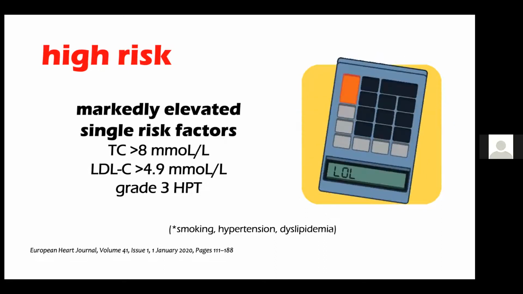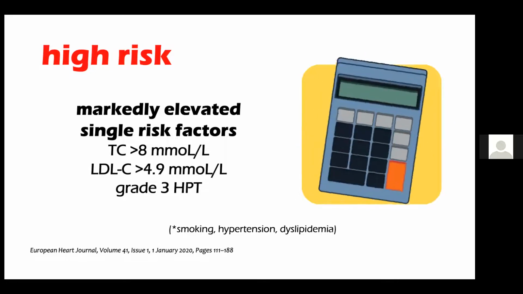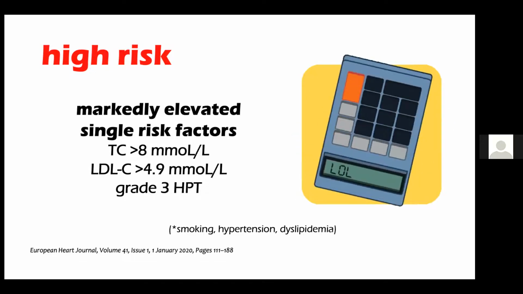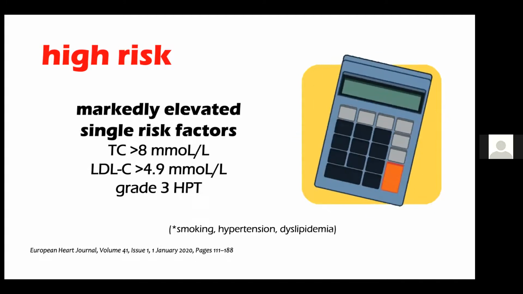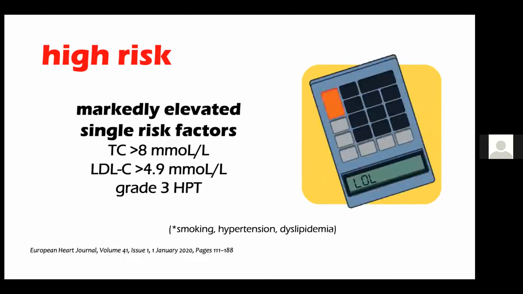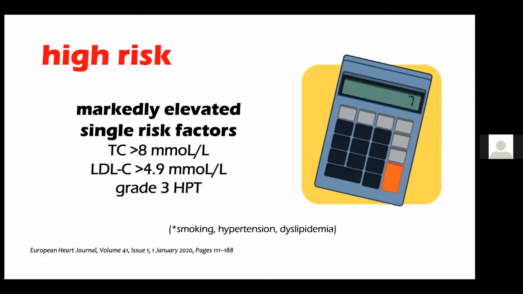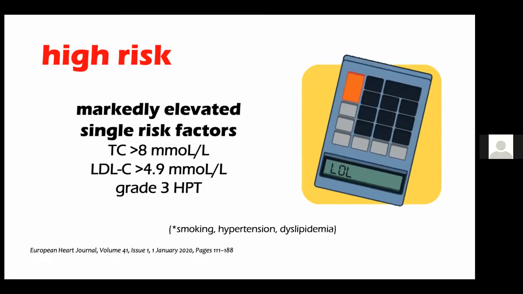And when you zoom into the lipogram and you find that your patient has an LDL of greater than 4.9, even in the absence of any other risk factor, that patient should be considered to be at high risk.